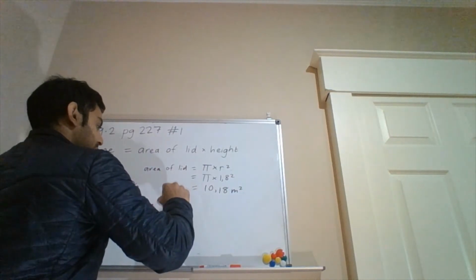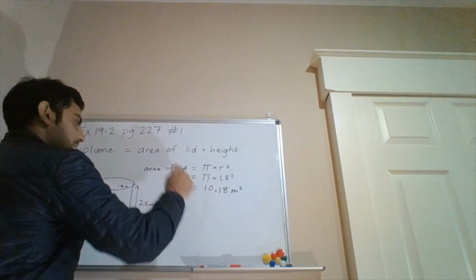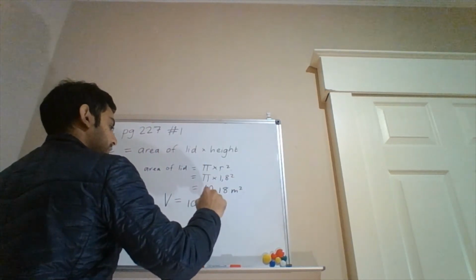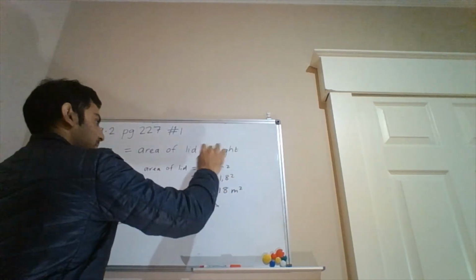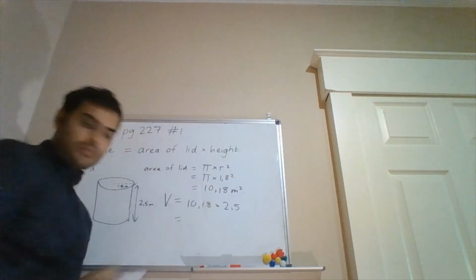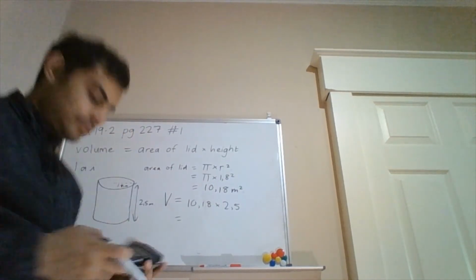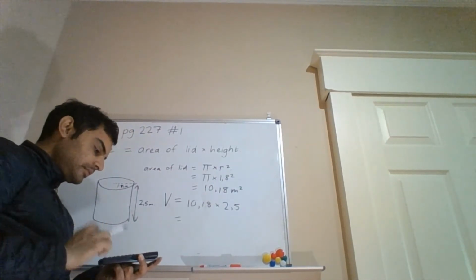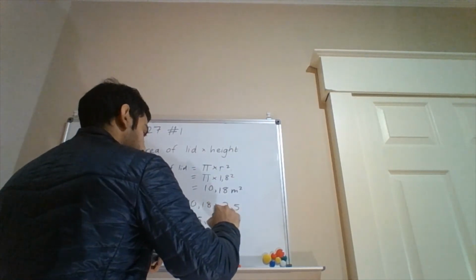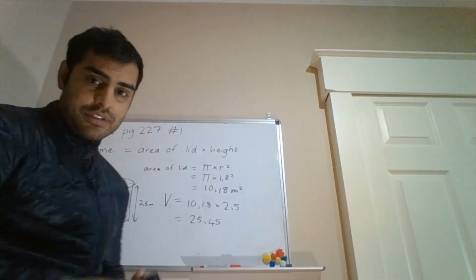So now our volume is going to be the area of the lid, which is 10.18, multiplied by the height, which is 2.5. That gives us 25.45. And now what is our unit for volume?